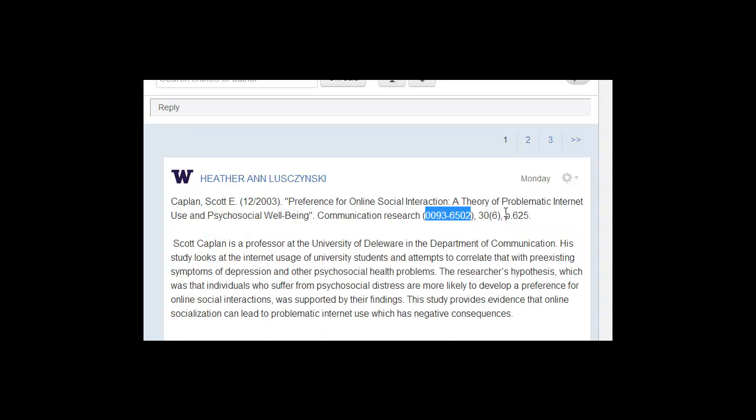I want to point something out too. This says page 625, which means this is only a 1-page text, which tells me this isn't the whole study. It's not an article. This is probably like research findings or a report, maybe in some kind of monthly publication.